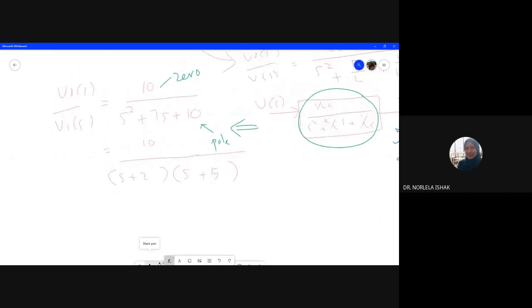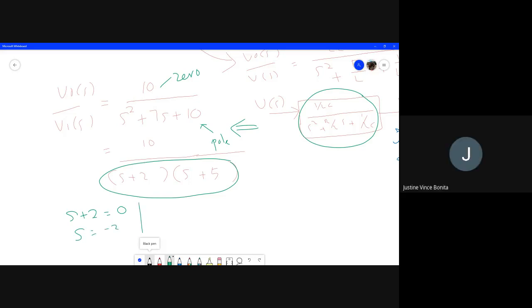From this one, our pole: S plus 2 equal to 0, and then we can get our S equal to minus 2. Another one, S plus 5 equal to 0, we can get minus 5.